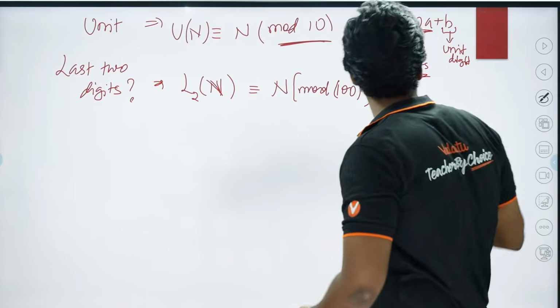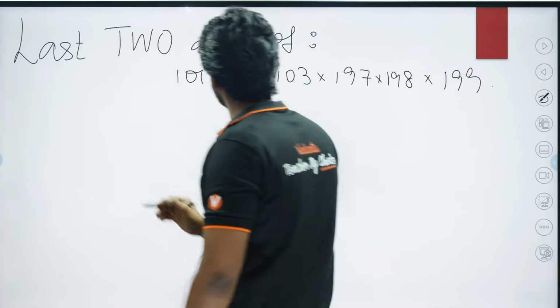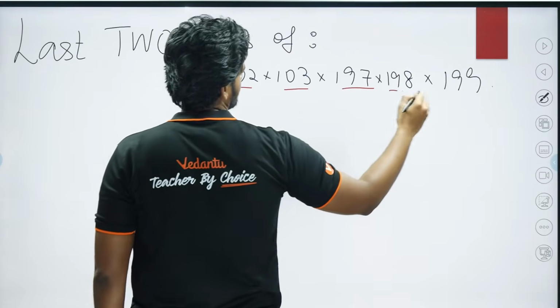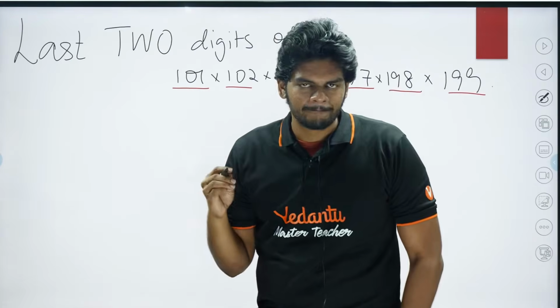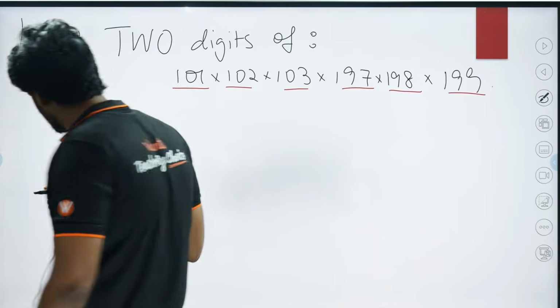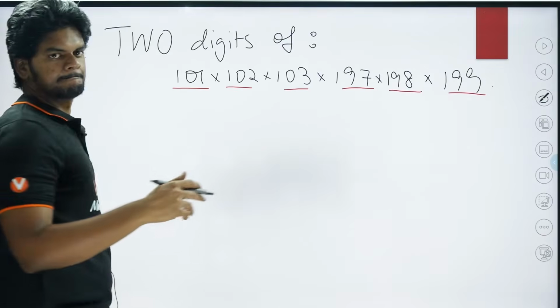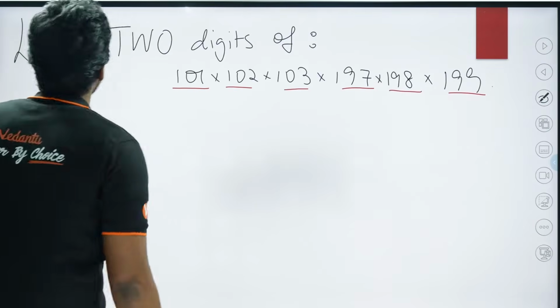So let's look at a question which deals with last two digits of this product: 101, 102, 103, 197, 198, 199. Come on, do it. Take your time, pause the video and try it for yourself. Okay.